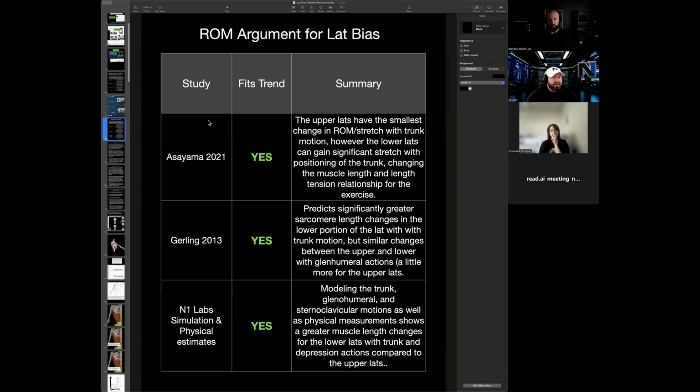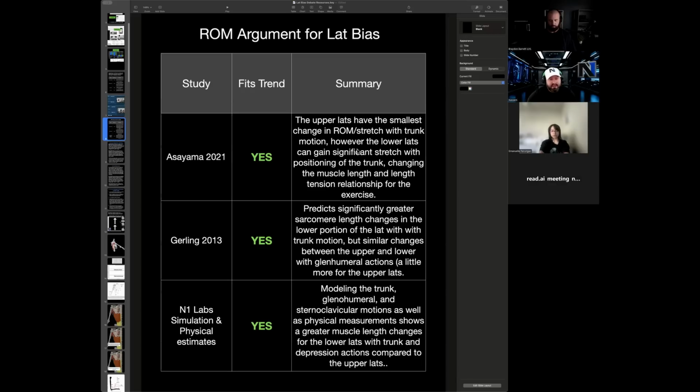If we look at the range of motion component, the upper lats have the smallest change in length with trunk motion. The lower lats gain significant stretch with positioning of trunk motion. That includes both rotation and lateral bending, but more lateral bending in terms of the lower lats.